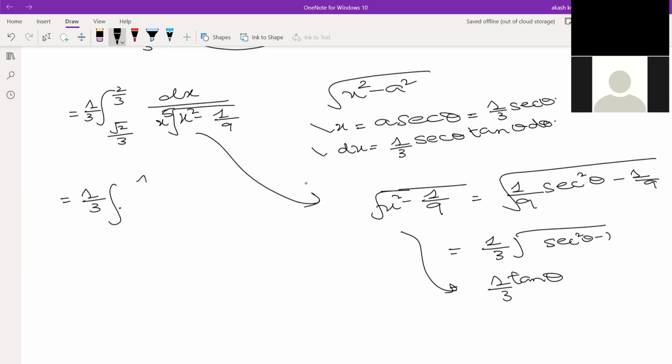And dx is 1 over 3 sec theta tan theta d theta over x to the power 5, which is 1 over 3 sec theta whole power 5, and then the square root of x squared minus 1 over 9, I can write as 1 over 3 tan theta.